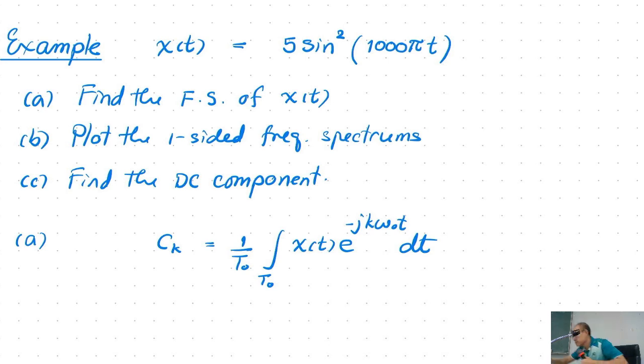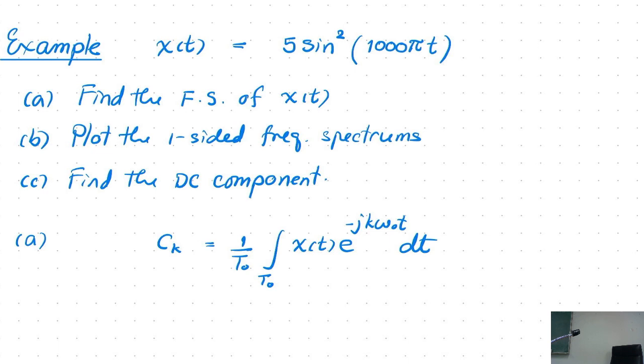First of all, you need to find the fundamental frequency, which is the frequency of this signal. So the first question is, what is the fundamental frequency? What is the frequency of this signal? Is it periodic actually? It is periodic.